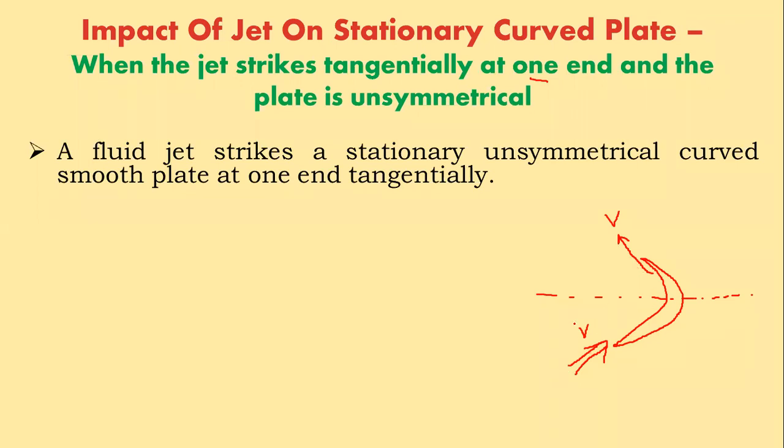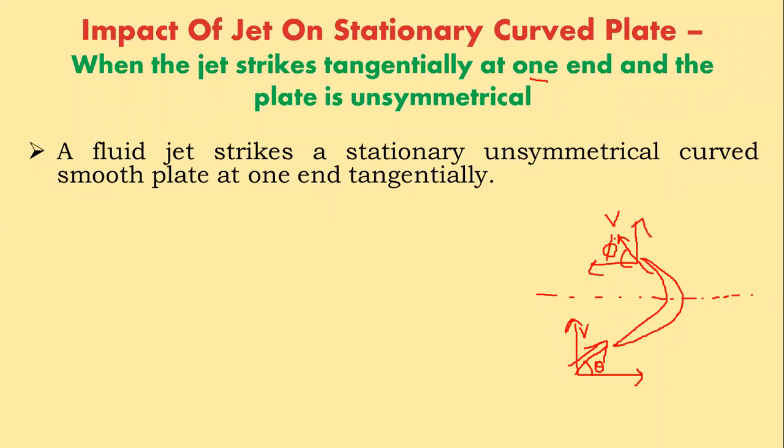But the next most important point that happens here is, as the plate is unsymmetrical, the angle here, if I consider it is theta, the angle there will not be theta. Why? Because the plate is unsymmetrical. So here, for example, the angle will be phi.